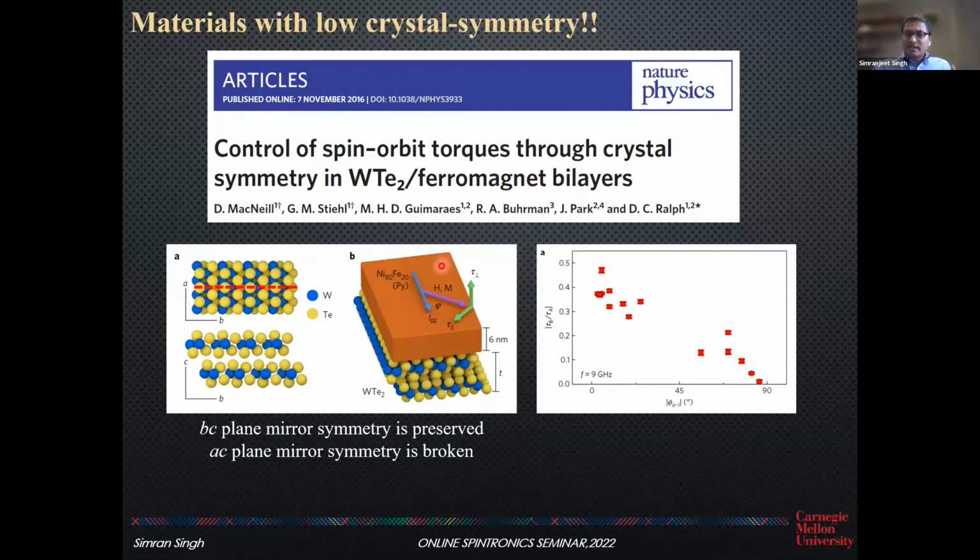What they have shown in this work is that, apart from the in-plane anti-damping torque, you also have some component of out-of-plane anti-damping torque when you apply the RF charge current in a particular direction, the direction in which the current generates spin currents in WTe2 along a particular crystallographic direction.